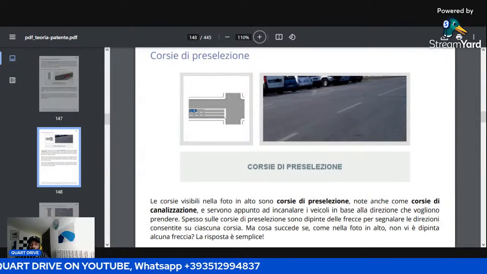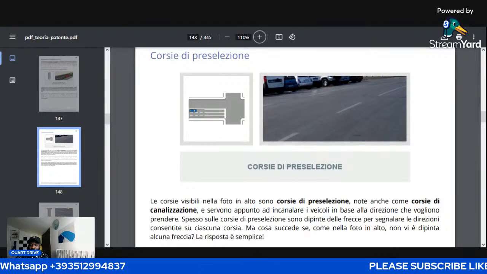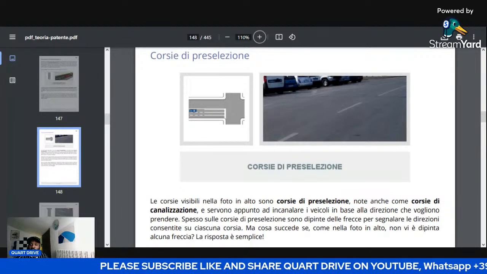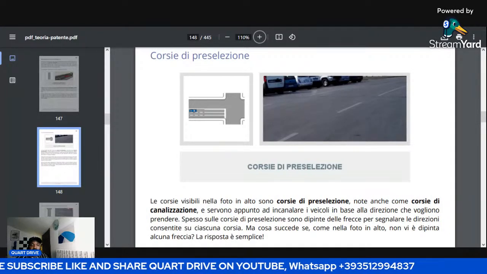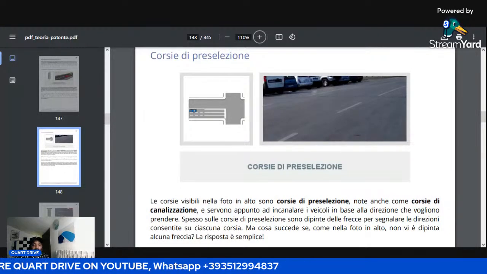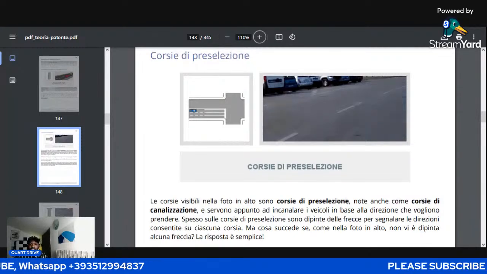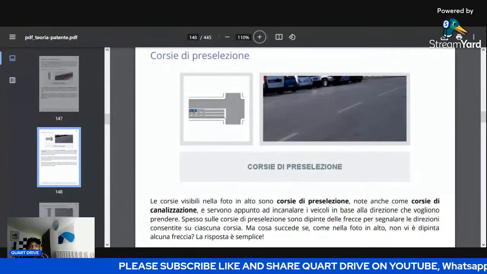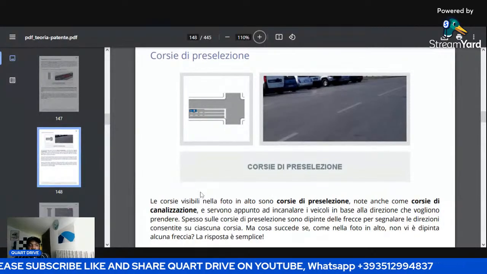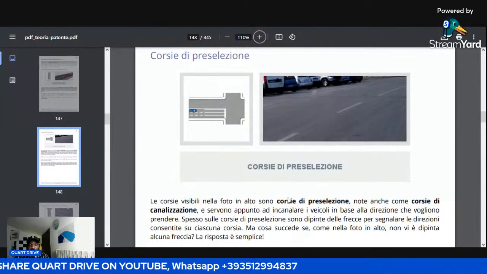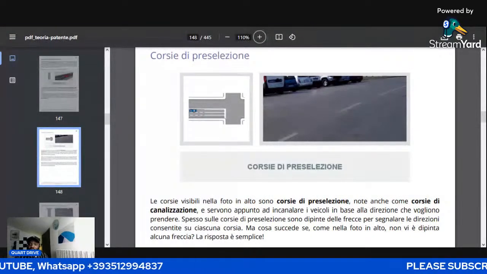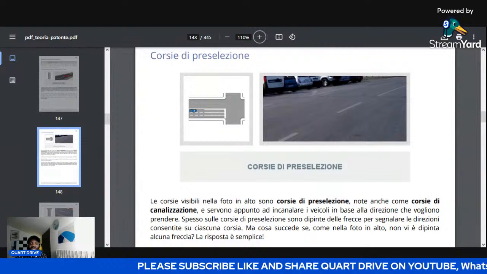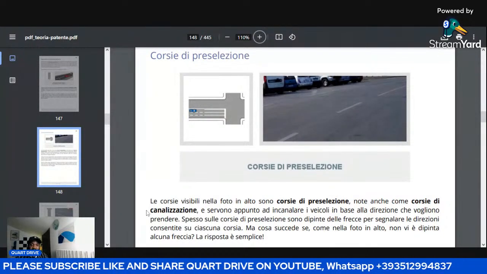It says that corsia di preselezione, anche detta corsia di canalizzazione, serve appunto ad indicare ai veicoli la corsia in base alla direzione che vogliono prendere.